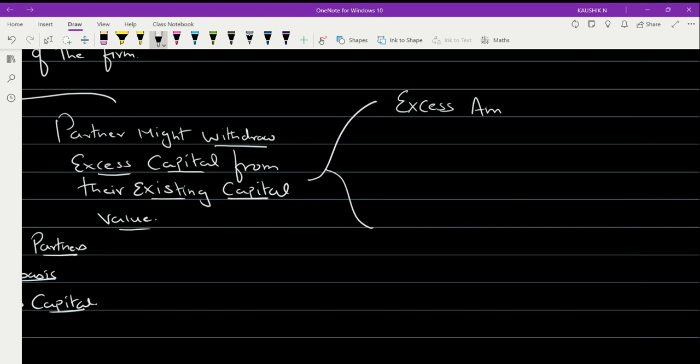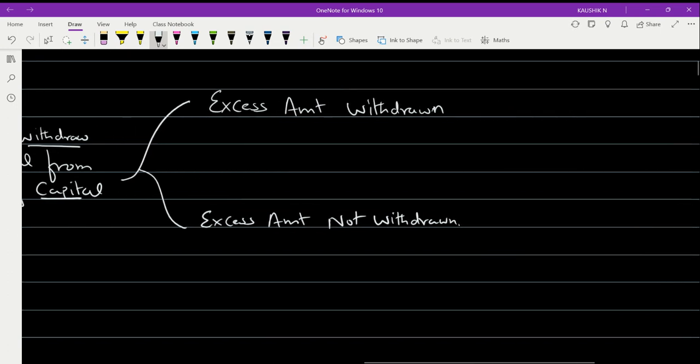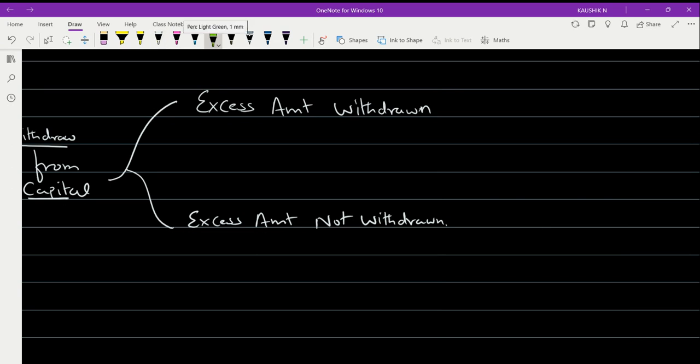The first is the excess amount is withdrawn, and the second one is the excess amount not withdrawn. If the excess amount has been withdrawn, then we need to follow this journal entry.